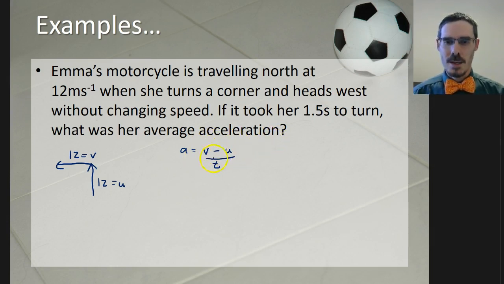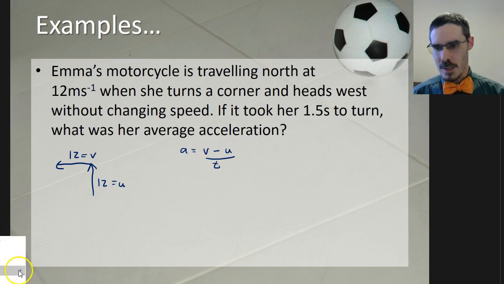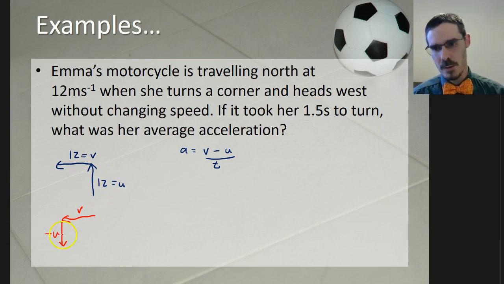How do I do a vector subtraction? Let me do it in a different colour, make it clear. What I have to do is start with the v and then subtract the u, minus u. I'm looking for this direction.